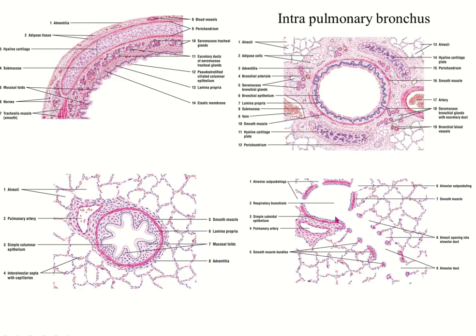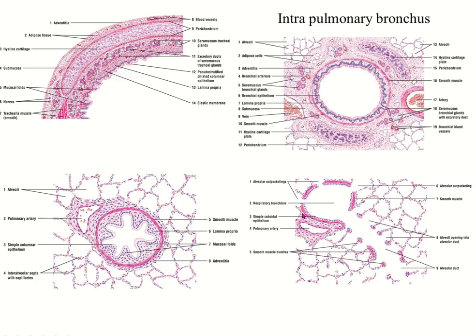This is alveoli. So what is the difference between terminal bronchiole and respiratory bronchiole? In terminal bronchiole, the smooth muscle layer is continuous, but in respiratory bronchiole, the smooth muscle layer is discontinuous because in this gap, alveoli are present here.